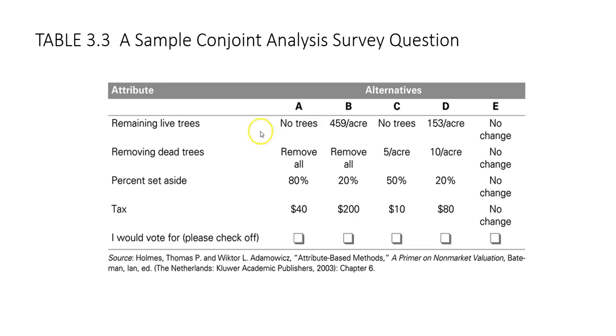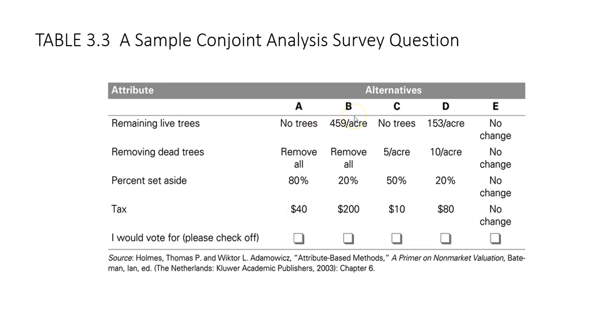So, for example, alternative A is a clear-cut scenario where there are no trees remaining. All of the dead trees are removed. 80% of the forest is set aside from logging, so that means 20% of the forest is clear cut, and then the tax associated with that alternative is $40.